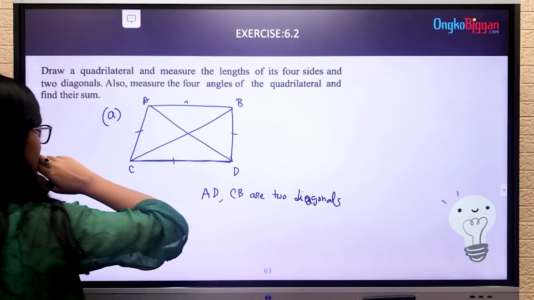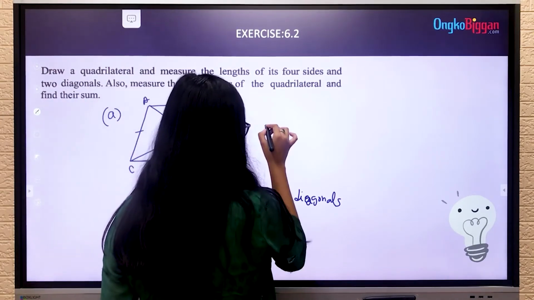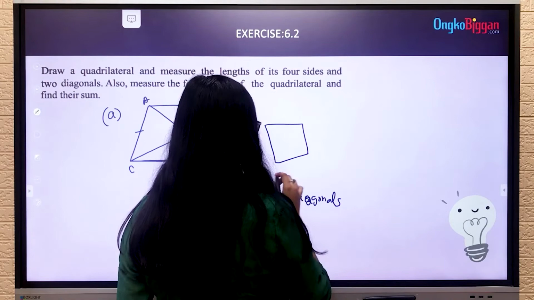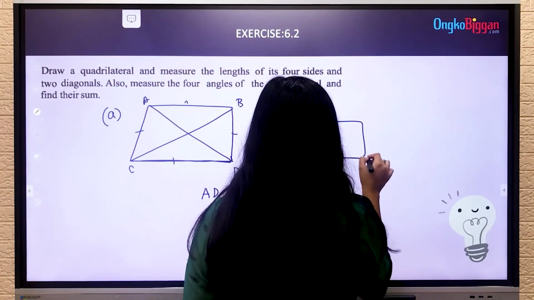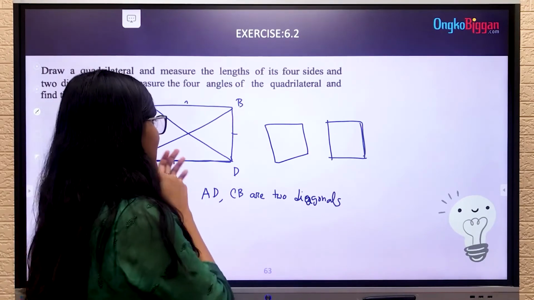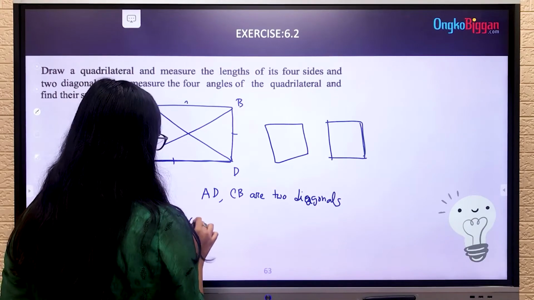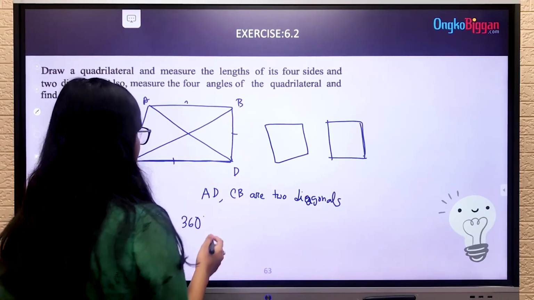So you will measure each of the lengths and measure the 4 angles of the quadrilateral and find their sum. Whatever length you take, if you draw a quadrilateral in this way or in this way, whatever angle, the summation will always be 360 degrees. That is double of a triangle.